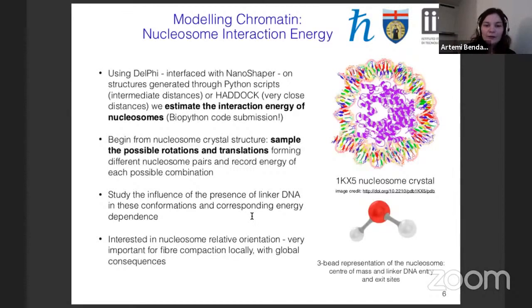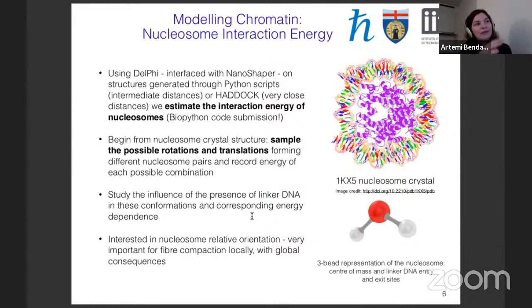And we are also interested in the relative orientation of nucleosomes, because the different relative orientations may give rise to feasible or unfeasible sterically structures. And this has not only a local effect, but also it can have global consequences.